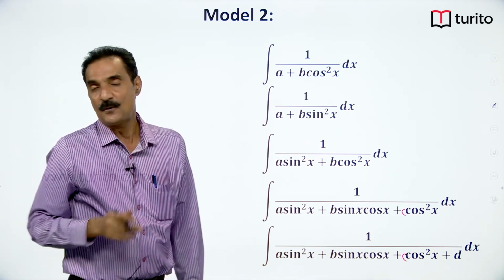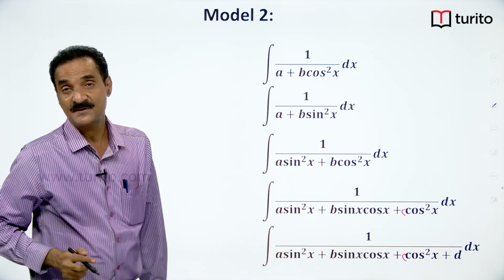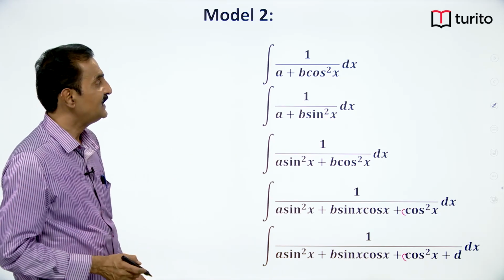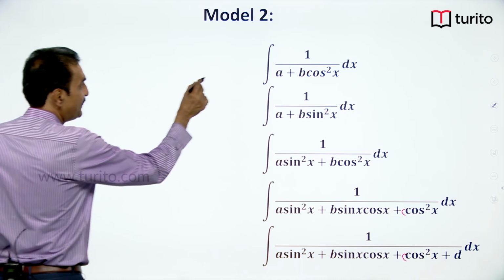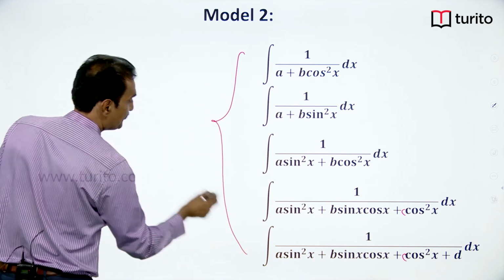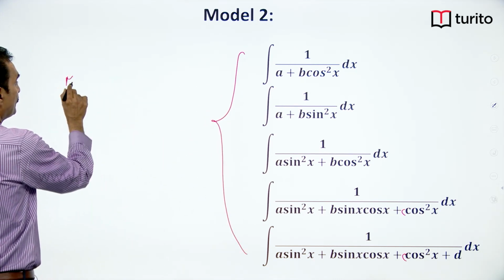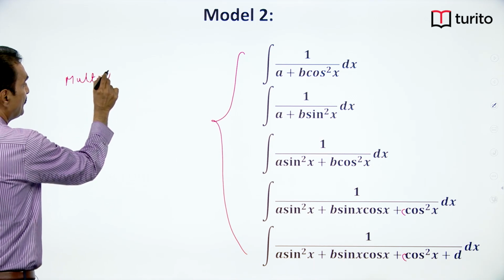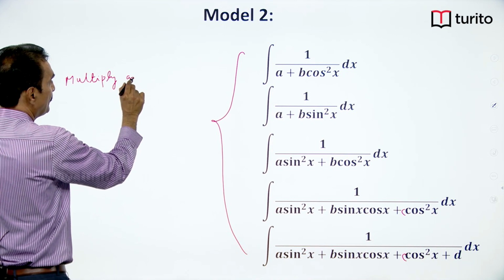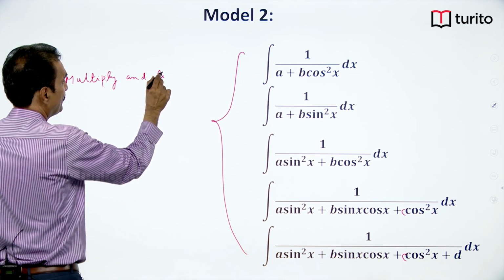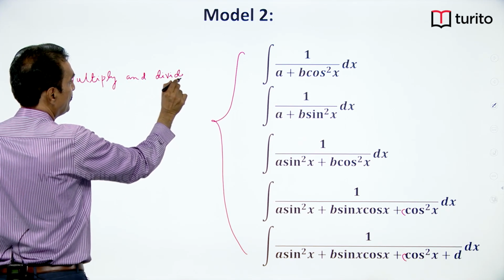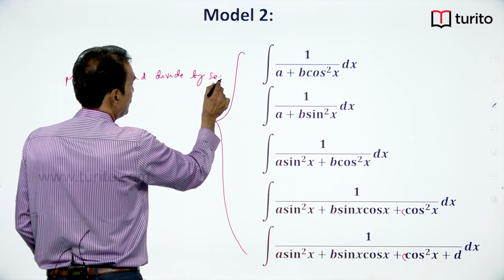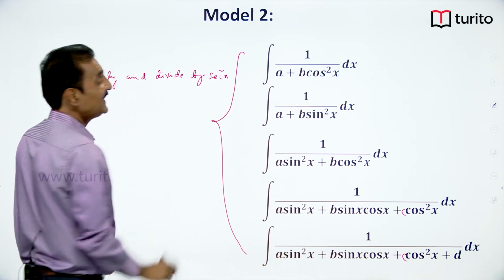For all these 4 or 5 forms, standard method is there. Method is multiply and divide by secant square x.